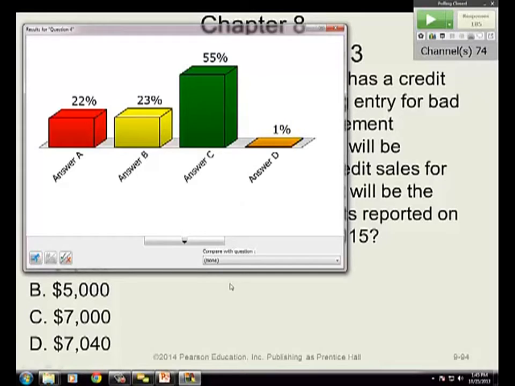The allowance is kind of forced, so whatever comes out, that's what you got to live with. So in this case, it's going to be 2% of credit sales of $250, and you go right to the debit to bad debt expense and the credit to the allowance for $5. That's your adjustment, and the balance is $7. So C is the correct answer there.